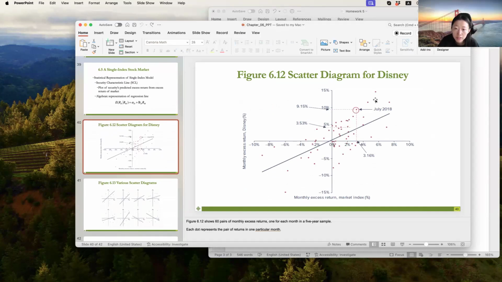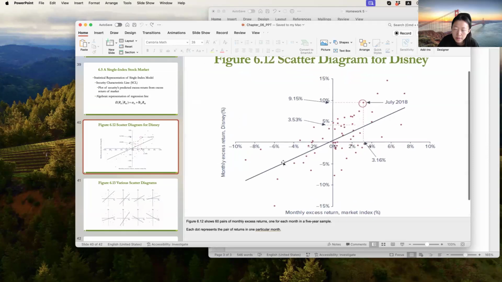The raw data is shown by this scatter plot, with dots here and there, and the red dot here. The fitted model is the linear line here. This is called a fitted line. It's our statistical model for the relationship between the individual business return and the market return.